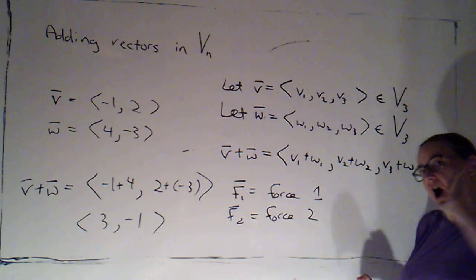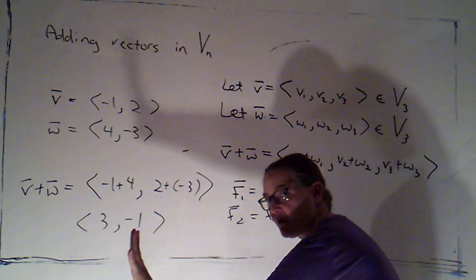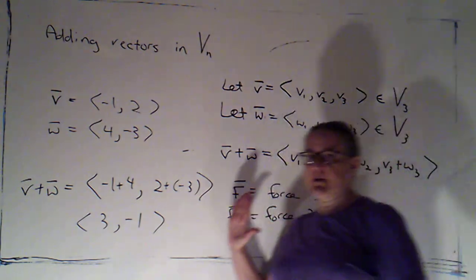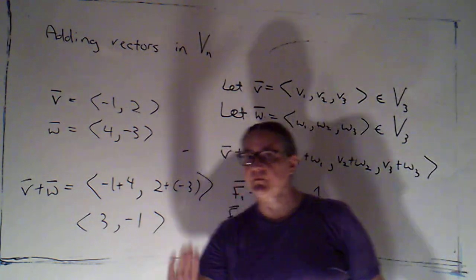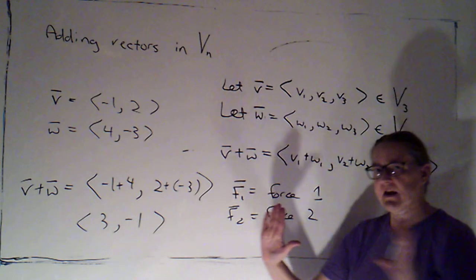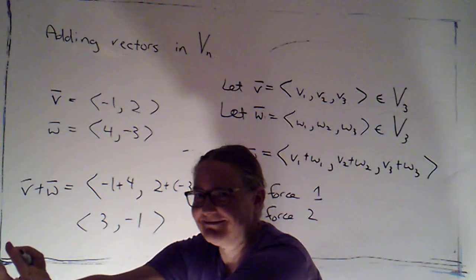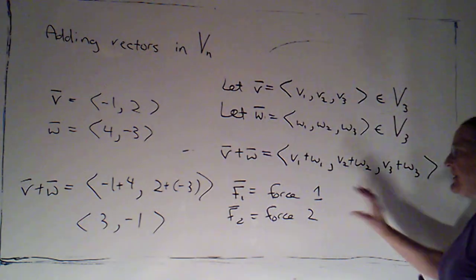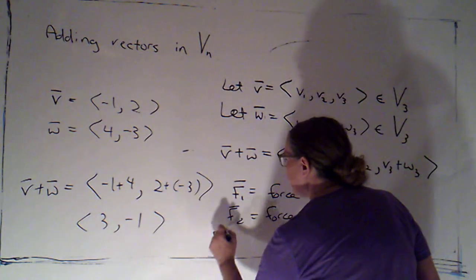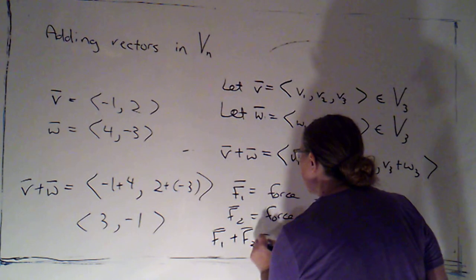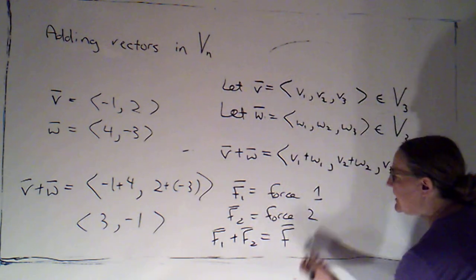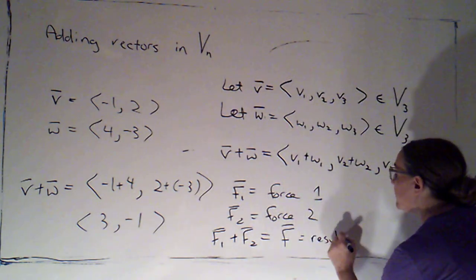So maybe I'm pushing on the object this way and somebody else is pushing on the object that way. Okay. Well, what's going to happen if I apply both of those forces? The object's going to move that way. Okay. Adding these 2 forces, if I write F1 plus F2, if I just call that sum F, this is what we would call the resultant force.